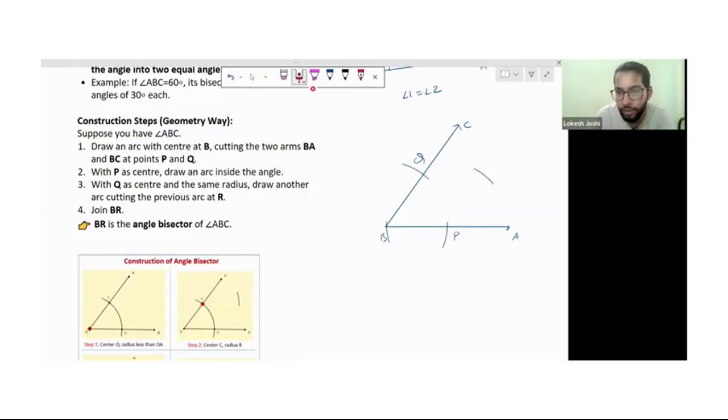Now we are considering this arc, which is from the center P.